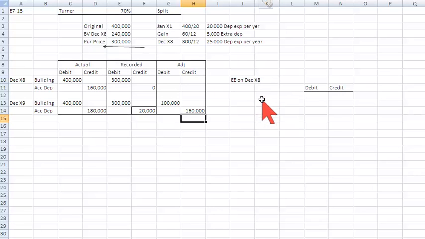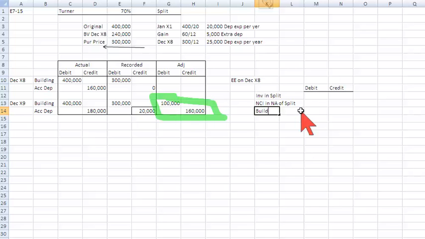All right, so let's start our elimination entries. Investment in Split. And then we have the NCI in net assets of Split, since it's an upstream sale. And you say, how do you get these two amounts? You use it as a plug. We are going to debit building. Now here I'm doing these ones right here.